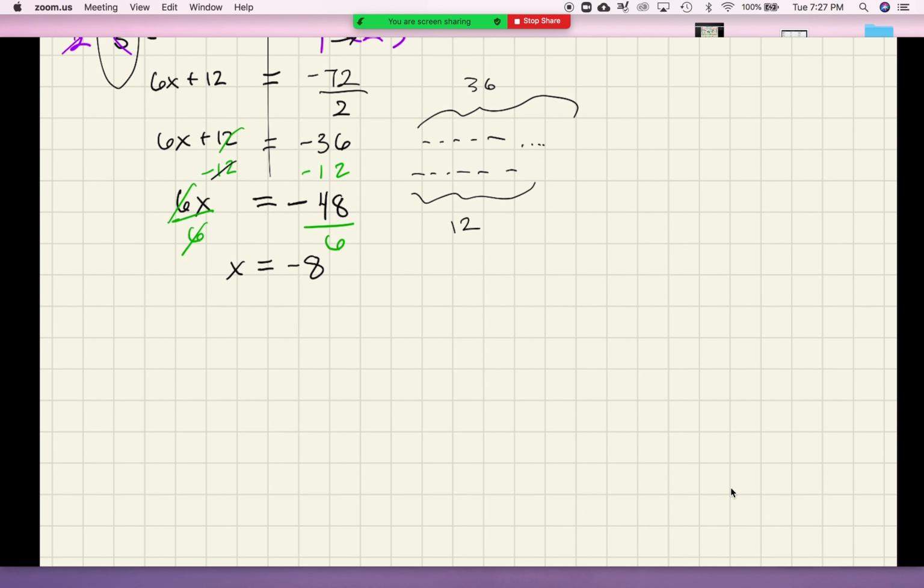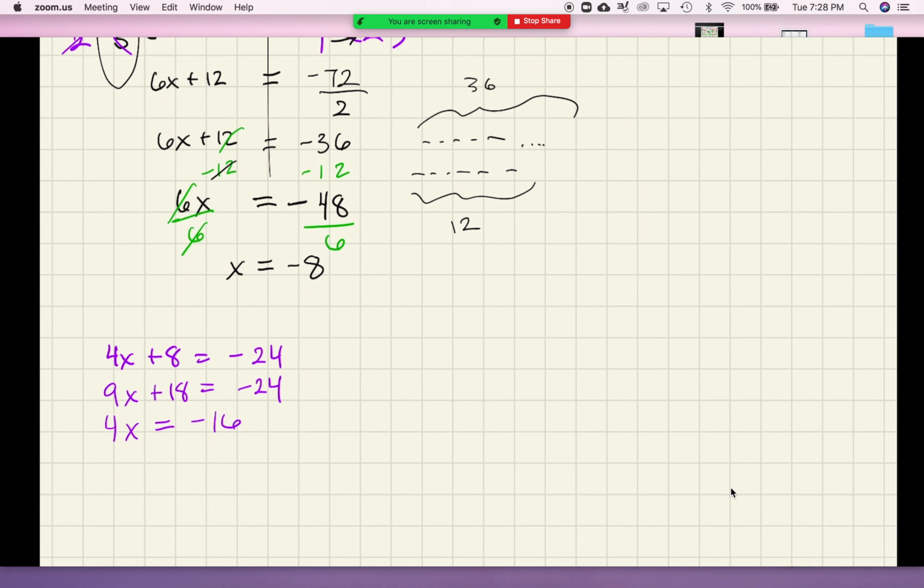Can you read me the 4 equations there? I'm going to write it in purple. The first one is 4x plus 8 equals negative 24. The second one is 9x plus 18 equals negative 24. The third one is 4x equals negative 16.